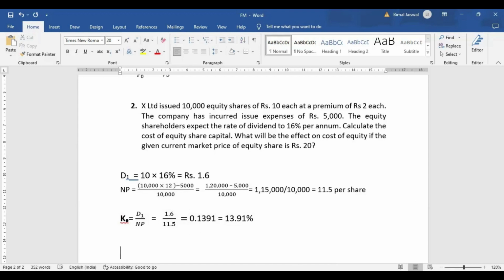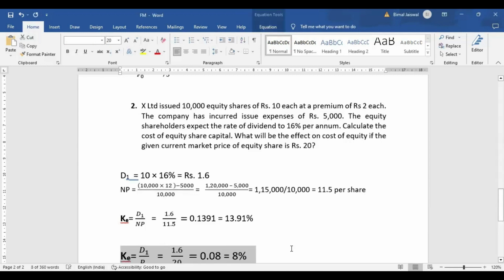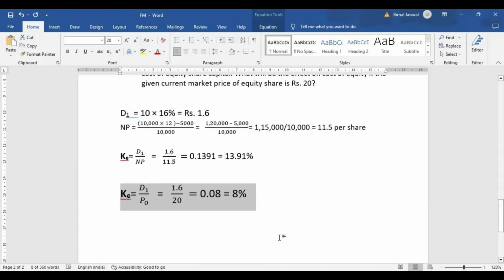In this problem, the company has also given us the information with respect to the market price. Market price per share is also given as rupees 20. So in place of 11.5, now we can use rupees 20 for the cost of equity. It comes to 8%.